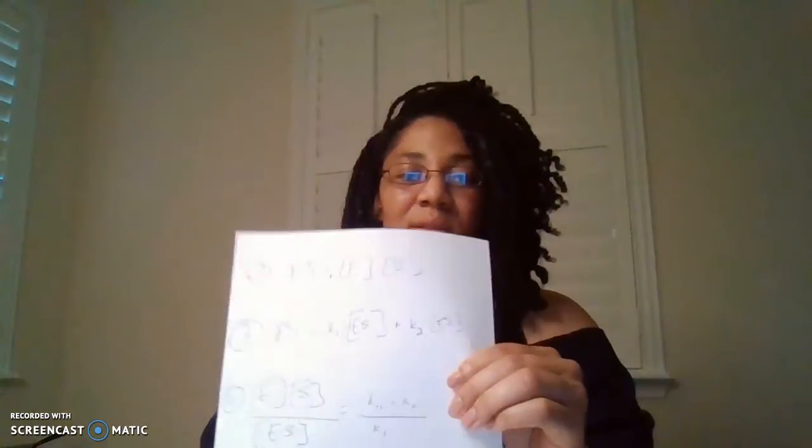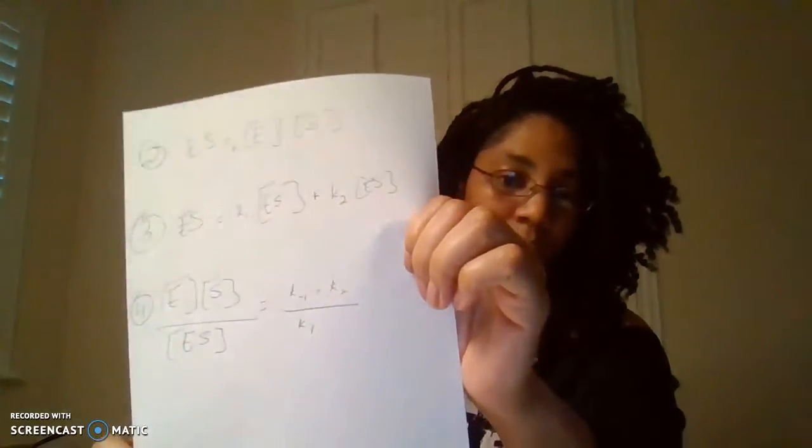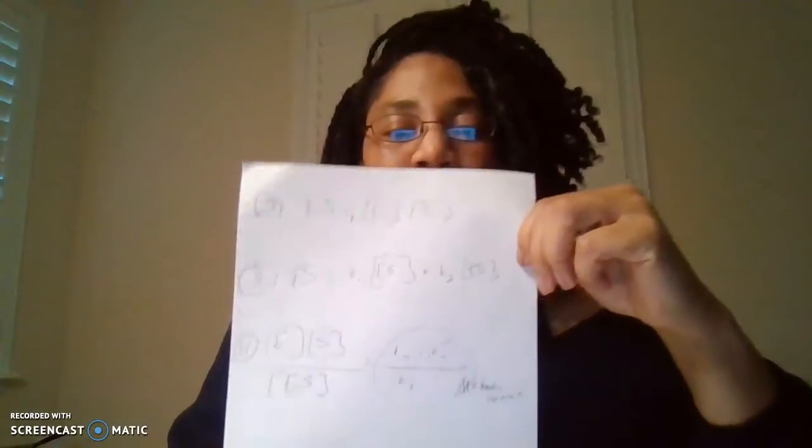Now, in this instance, the second half of the equation, which is K-1 plus K2 over K1, is actually the Michaelis constant. You can see that part. Okay.